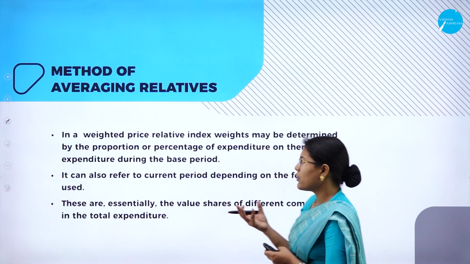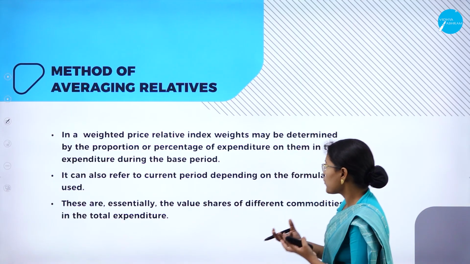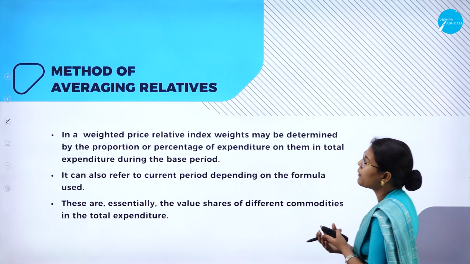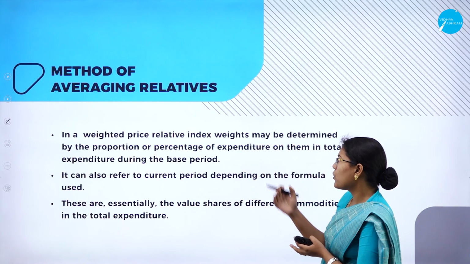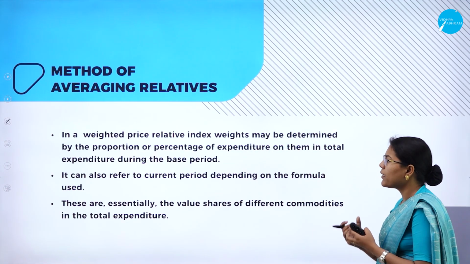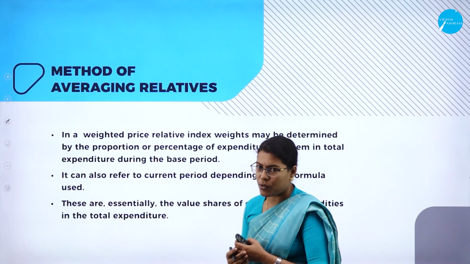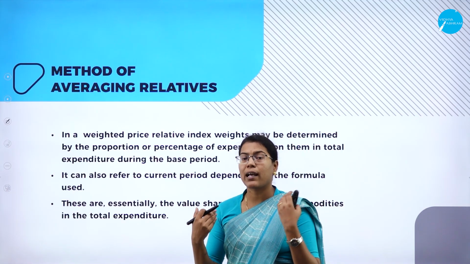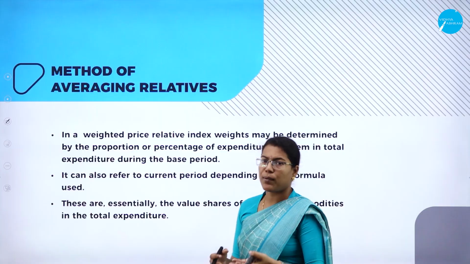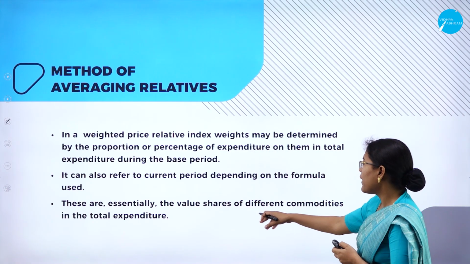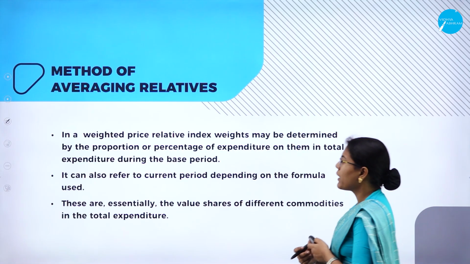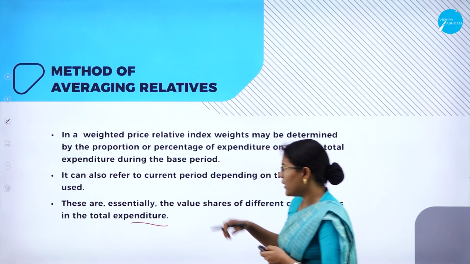So the weight here refers to the proportion or percentage of expenditure on them in total expenditure during the base period, and it can also refer to the current period depending on the formula that is used. That means whether it should be calculated under the Paasche method or Laspeyres method. So these are essentially the value shares of different commodities in the total expenditure.